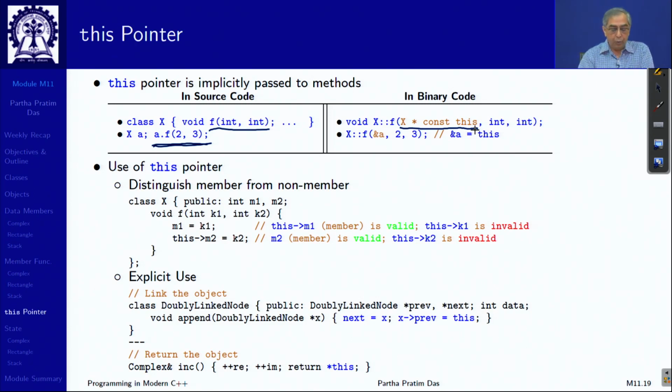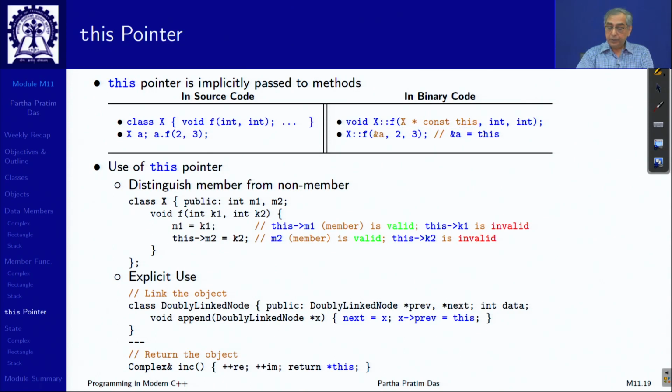So, when I call a dot f of 2, 3, the compiler actually translates it into taking the address of a and passing it as the 0th parameter. That is the actual mechanism, there is no magic, by which the member function gets to know exactly which object to deal with. Anything that it is doing with the data members M1 and M2 is dereferenced from this pointer.